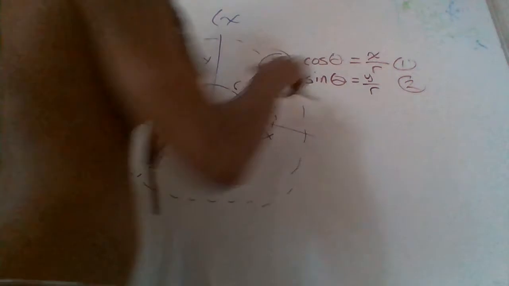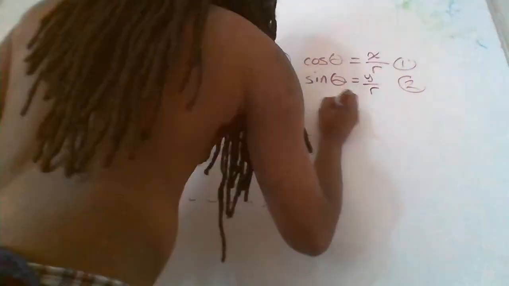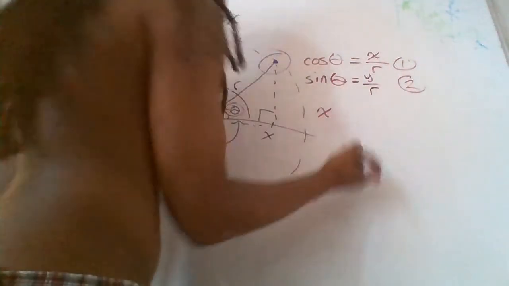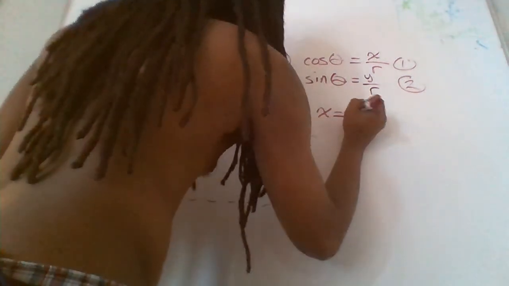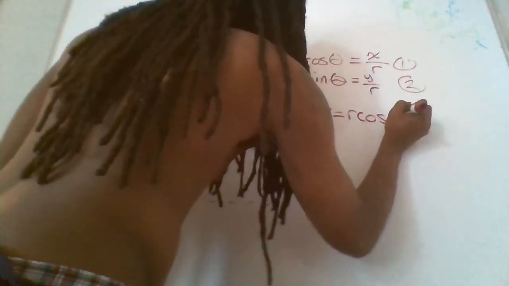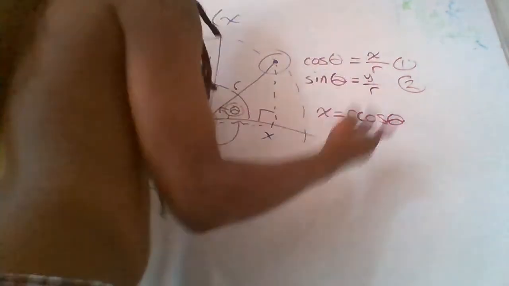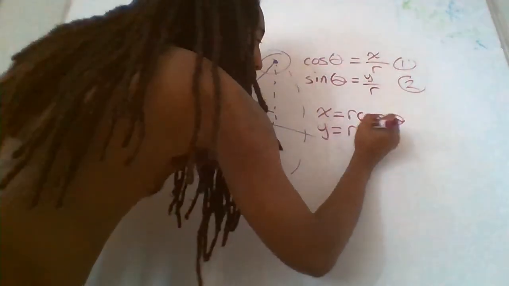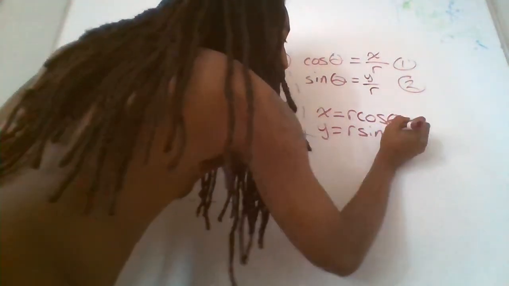We're going to multiply both of these two equations by r at the same time. So I'm going to hit this one with an r on both sides. This one turns into x equals r cosine theta. And this one, respectively, is y equals r sine of theta.